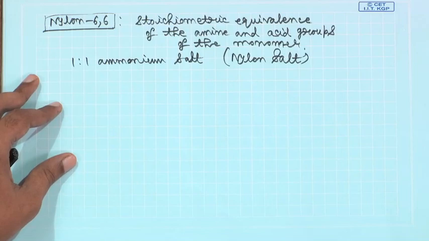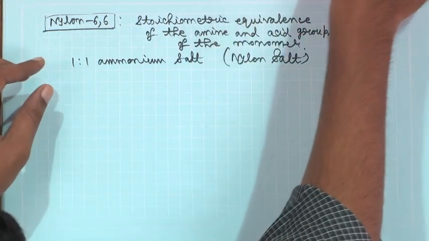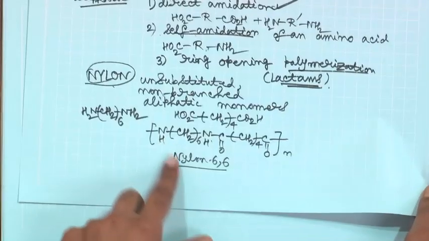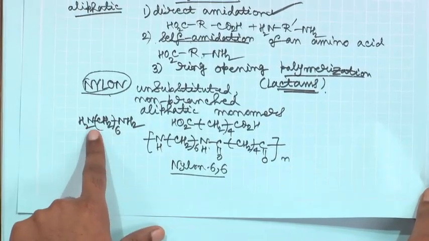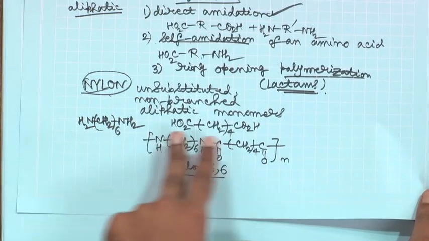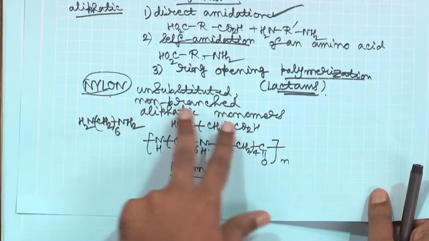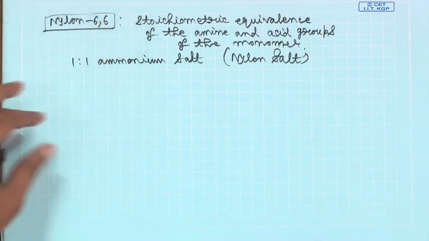Now, let us say we are talking about nylon 6,6. So, we are talking about these molecules, hexamethylene diamine and adipic acid. First, we have to prepare a 1:1 ammonium salt, which is nylon salt, from these two.